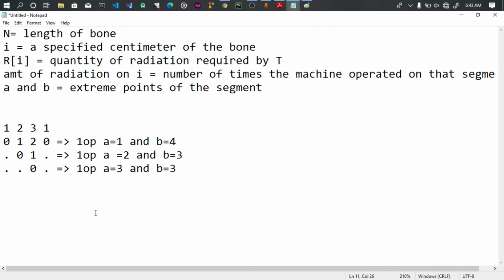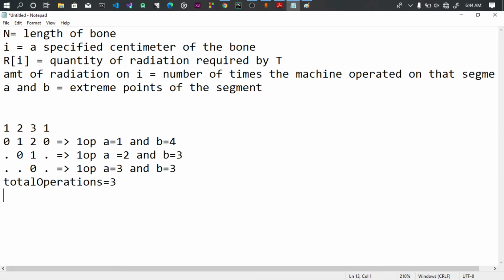So now, to know the maximum number of operations, we count our operations 1, 2, and 3. Therefore, our total operations is going to be equal to 3, which is the sum of all the operations we have done.